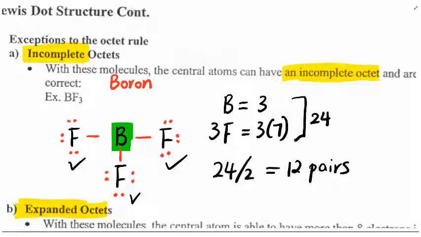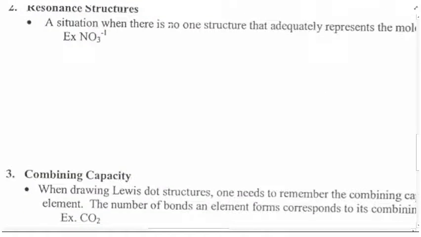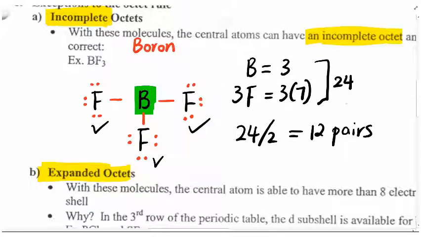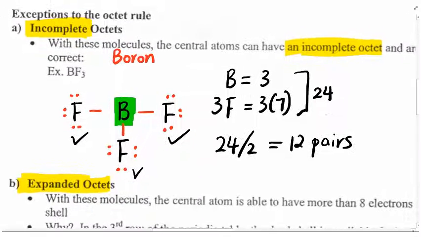In other cases, you will have to try a double bond, but not for boron. Boron is happy with just having 3 pairs. And I will talk a little bit more about why that's the case when I talk about combining capacity at the end. Okay, so we're going to come back, but that's the incomplete octet. That's the exception to the octet rule.